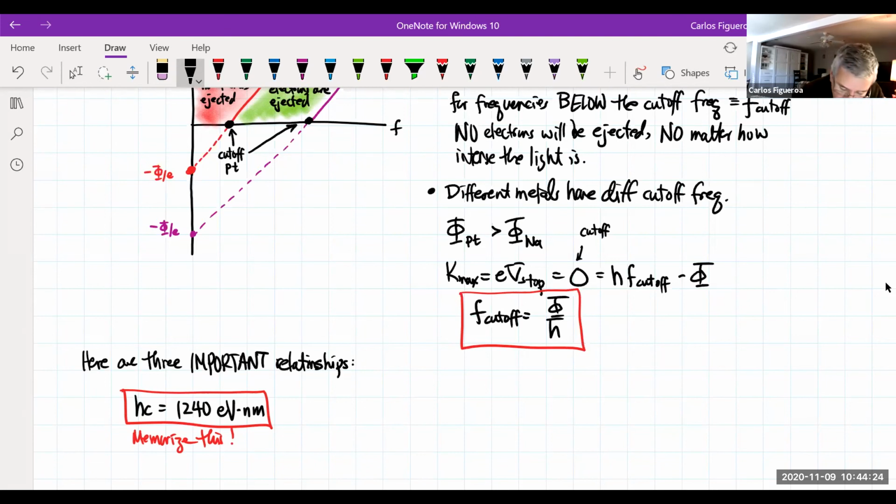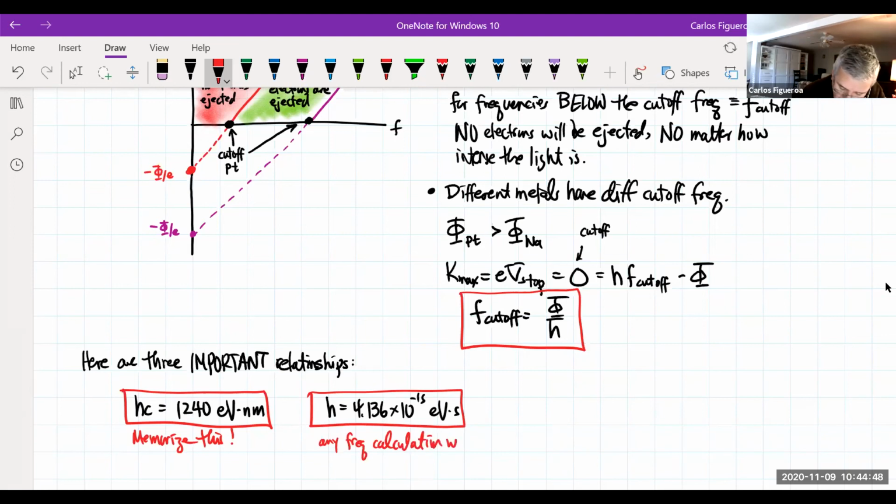The other one here is a little bit more complicated to remember. Any frequency calculation will require this.